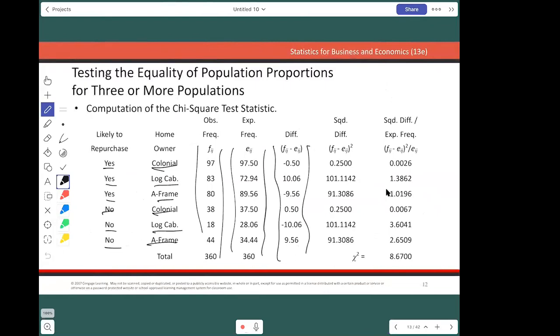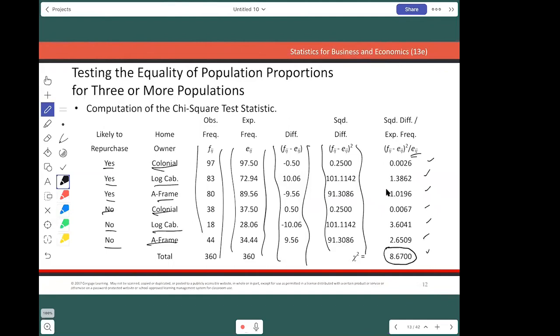Here's the difference between them. If we square that difference, we get the numerator. And then if we divide the squared difference by the expected value, E_ij, we get one term of that chi-squared value, and then we add the 6 of them. I just showed you how we would have calculated that. And when we add it all together, we get a chi-squared value of 8.67.